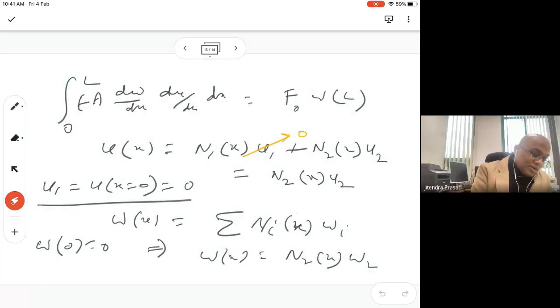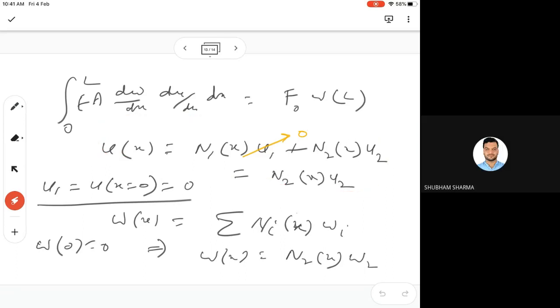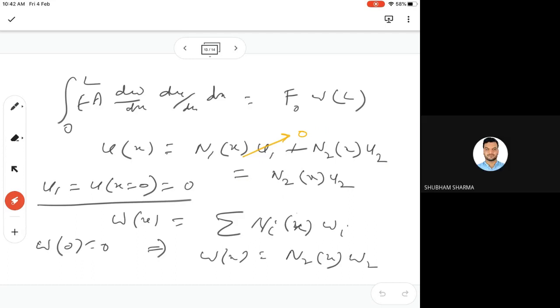I'm not getting what you're saying. Of course, only the essential boundary condition we put, no? The other boundary condition is the natural boundary condition, so we will not apply that, right? Yes, sir.